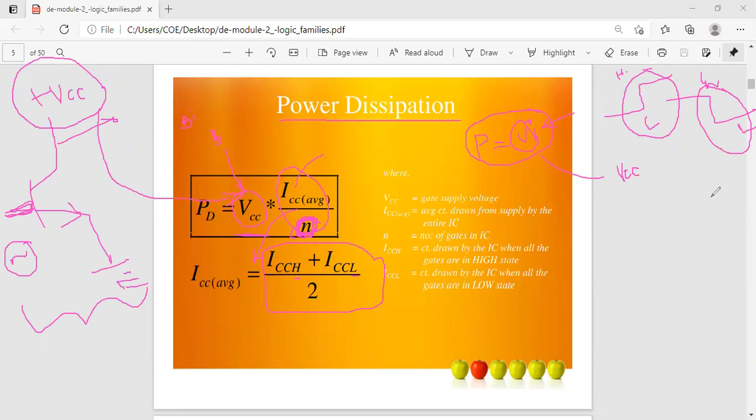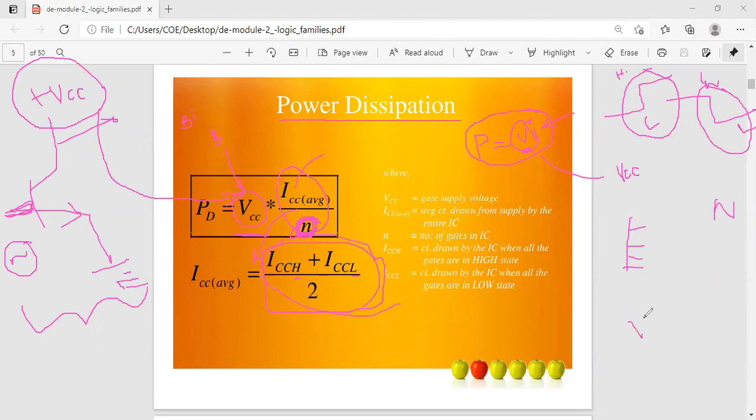If there is only one switch, we can write V into I, but n numbers of switches are connected in parallel. Majority of the cases the voltage circuits are in parallel, and the currents are divided among the devices. In parallel circuits the current varies, but the voltages are the same. So only the varying current is given here.